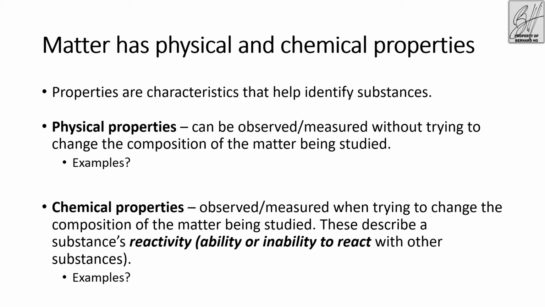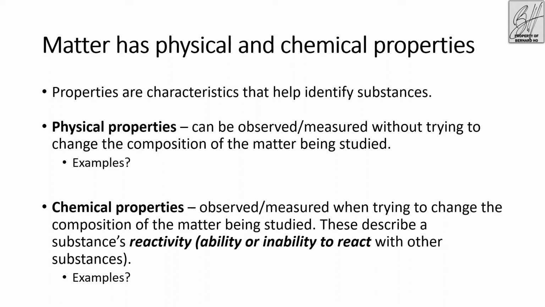And during the change of state to a gas, the gas molecules of H2O are still just two atoms of hydrogen bonded to one atom of oxygen. And that means when we're observing the boiling point of water, its composition doesn't change, and that's what makes boiling point a physical property. Similarly, when you observe the color of an object or its texture, well, as you're making that observation, the composition of whatever object you're looking at doesn't change either.